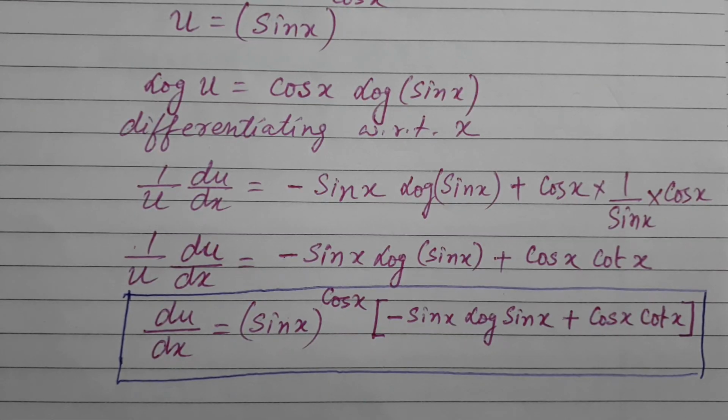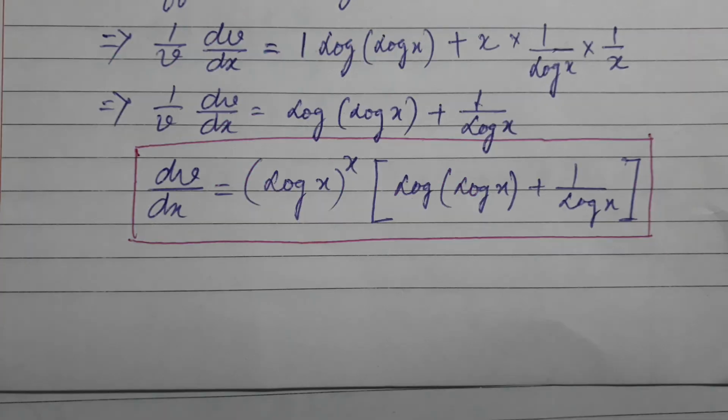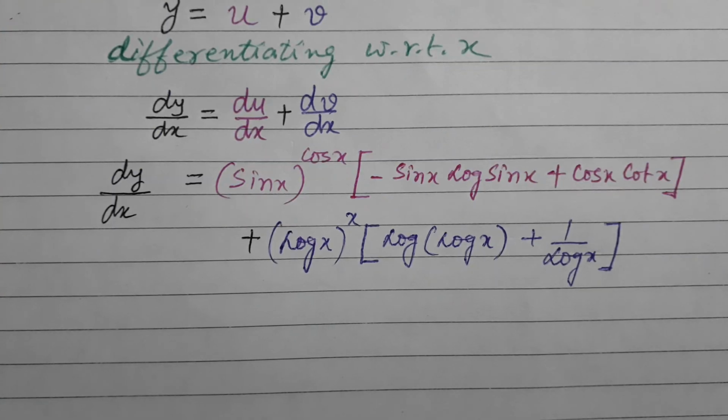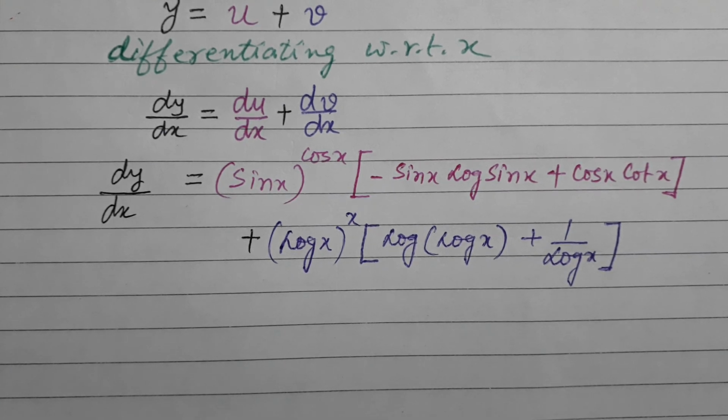So we will just replace this function plus the value of dv/dx, which is this one. Hence dy/dx = (sin x)^(cos x) [minus sin x log sin x + cos x cot x] + (log x)^x [log(log x) + 1/log x]. Thank you.